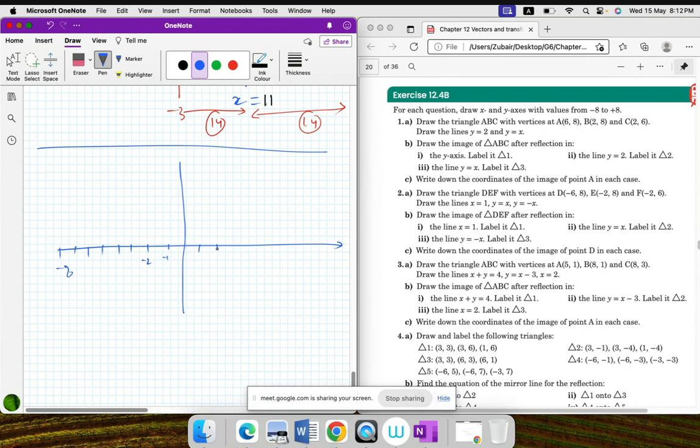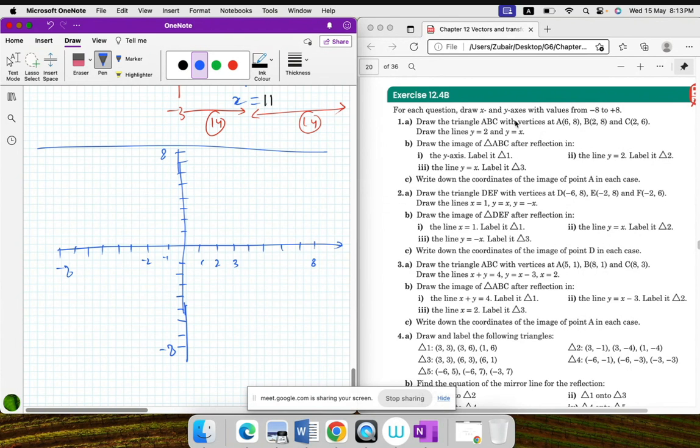On the other side, 1, 2, 3, 4, 5, 6, 7, 8. These have to be equal. I'm just sketching it quickly. So 8 on either axis.